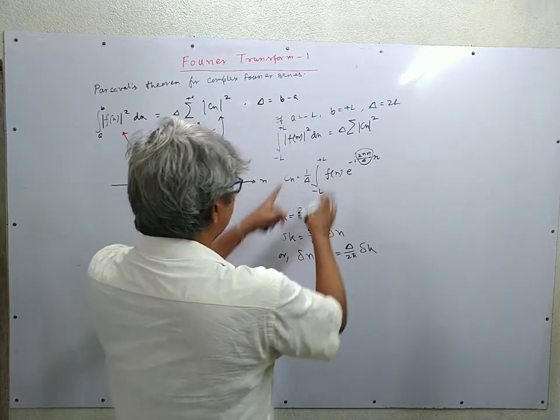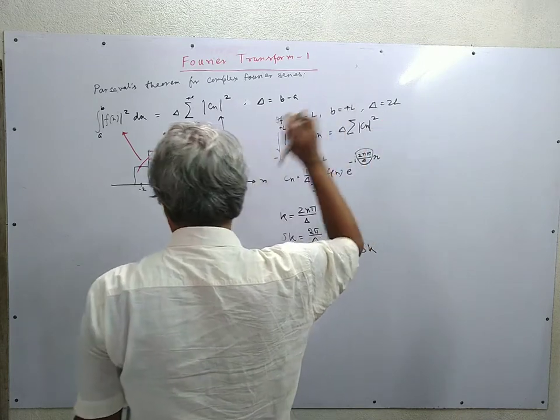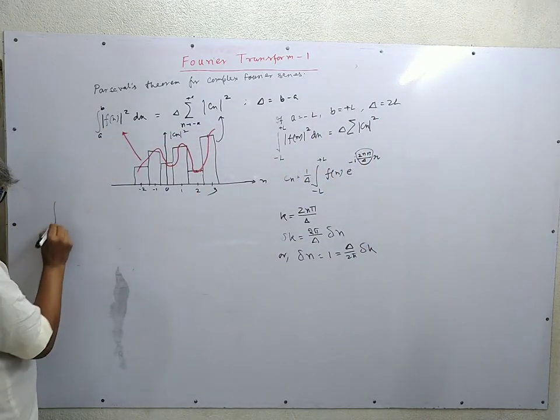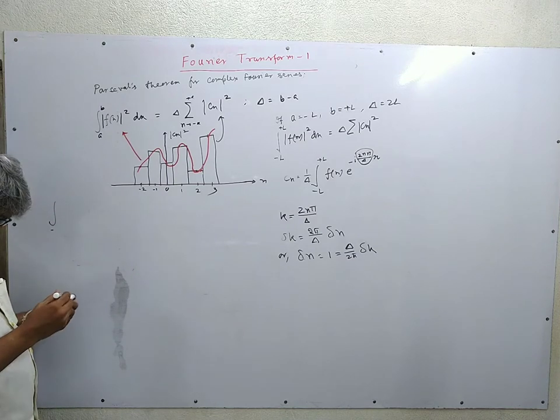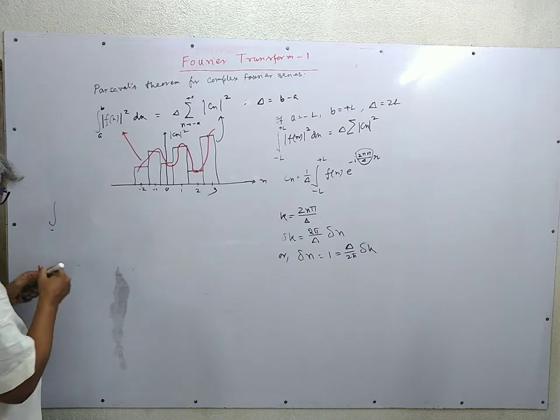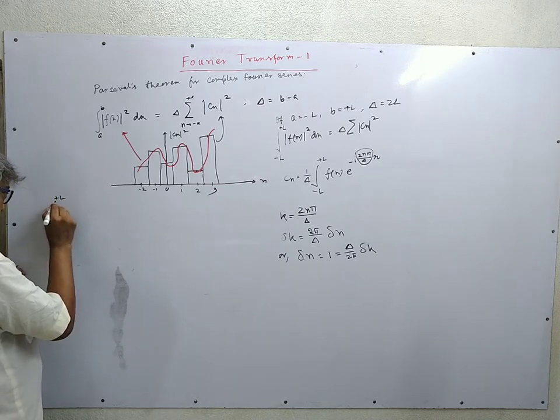So we can multiply each term by delta n, so that Parseval's theorem now becomes, from minus L to plus L.